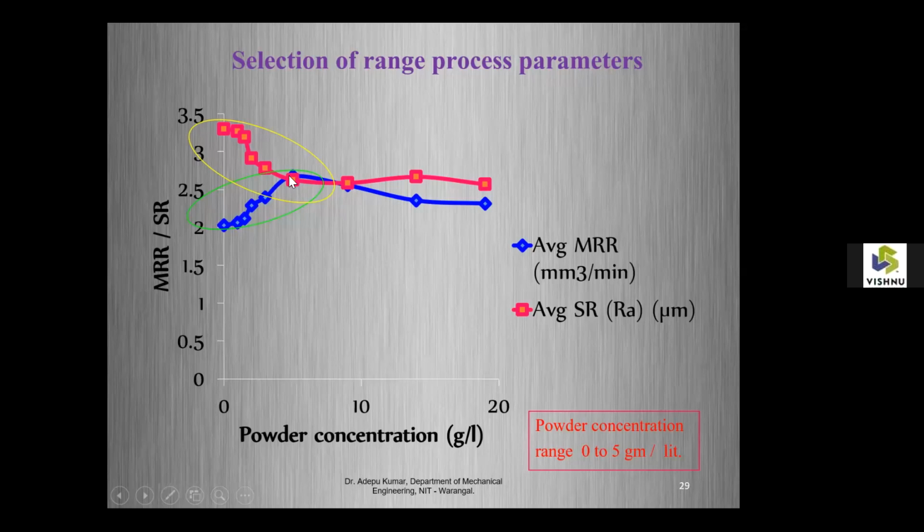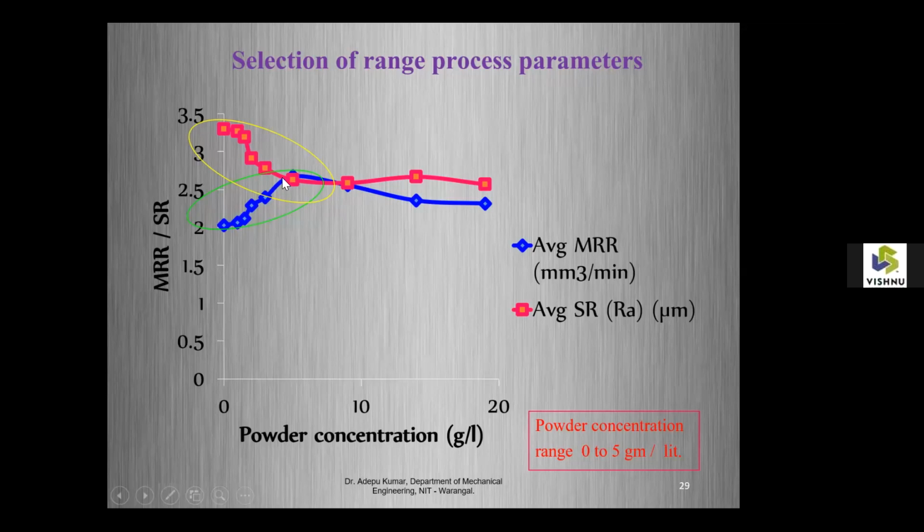Due to agglomeration, the spark diameter is much higher than in the previous case, so the surface roughness is increasing again. Now my objective is maximization of MRR and minimization of surface roughness.